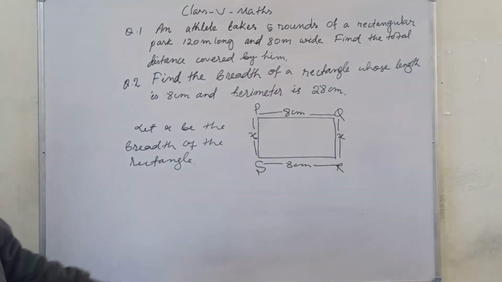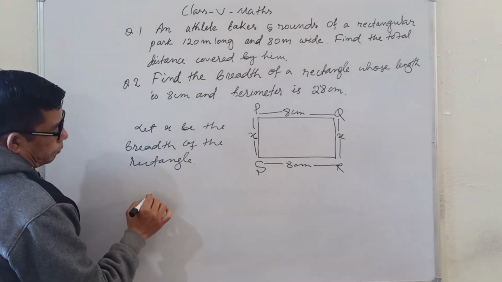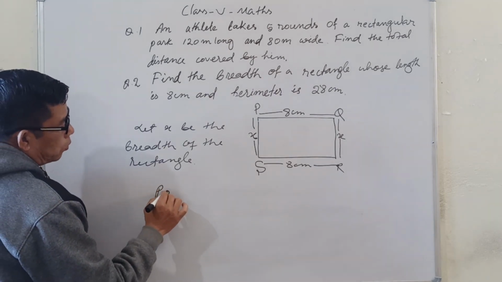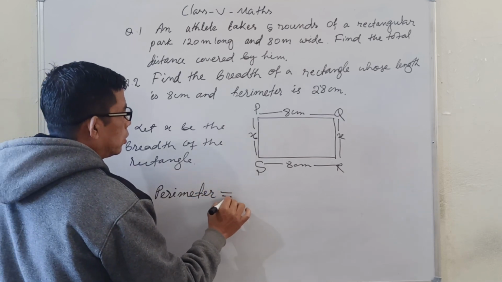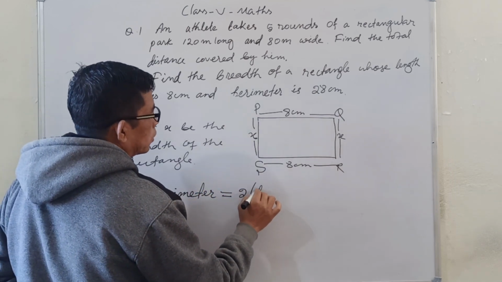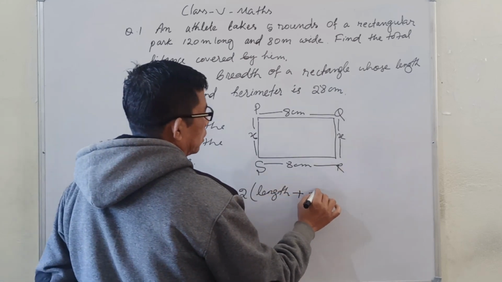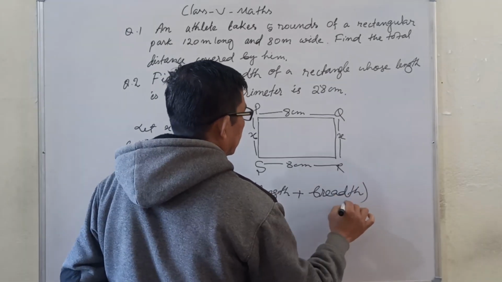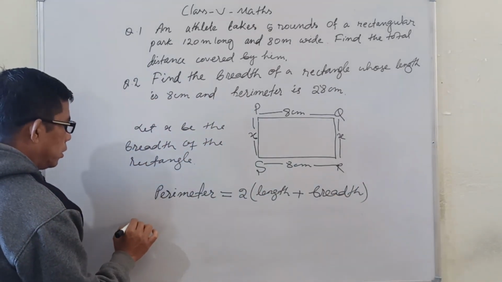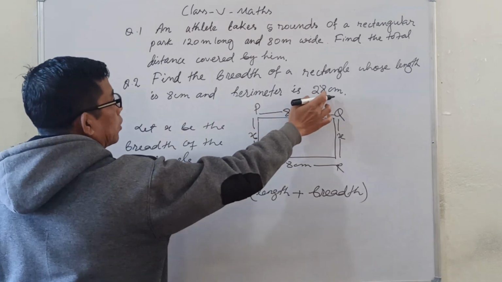We have taken X to be the breadth of the rectangle. Then we have the formula, that is perimeter equal to 2 times length plus breadth. Perimeter is already given to be 28 centimeters.